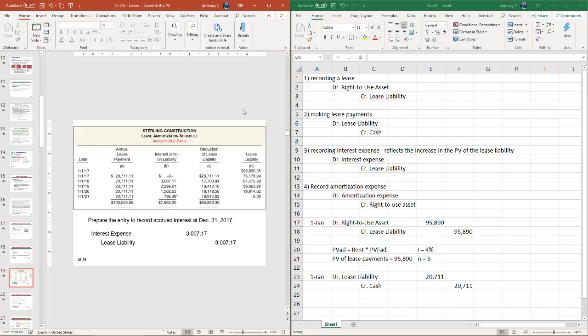To figure out the amount of interest expense, we can use a lease amortization schedule. The schedule works in a very similar manner to an amortization schedule for a bond discount or premium. So in the first column, the annual lease payments, it's fixed over the term of the lease in this example, so it's always going to be the same. Again, the lease payment is given in the terms of the lease.